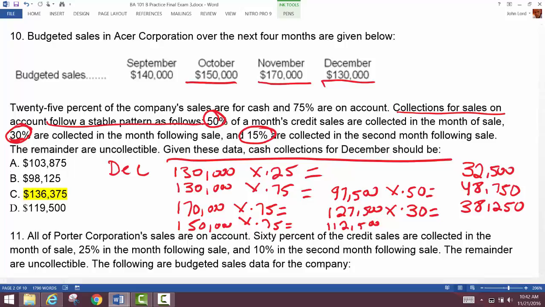But we're figuring out December's cash collection here, and they tell me that I get 15% in the second month after the sale, don't I? And so that comes to 16,875. And so I total that up, and I believe that gives me 136,375, I hope.